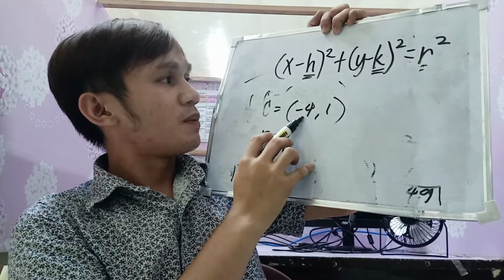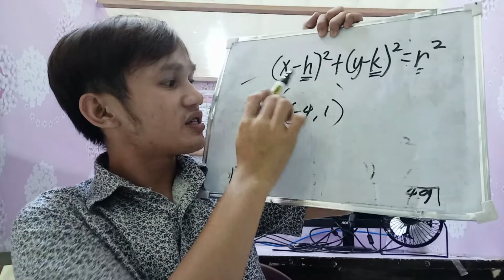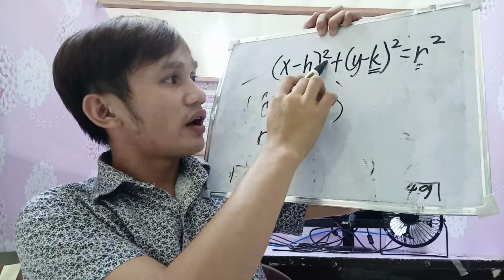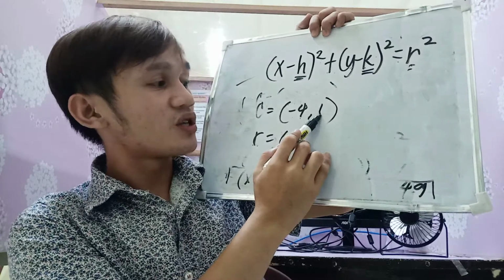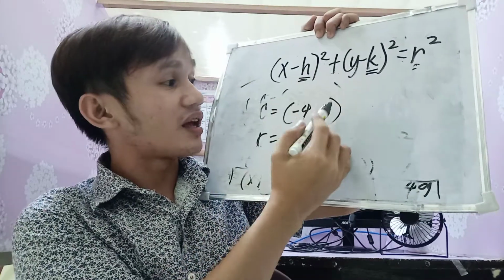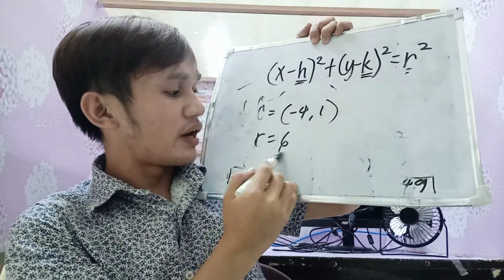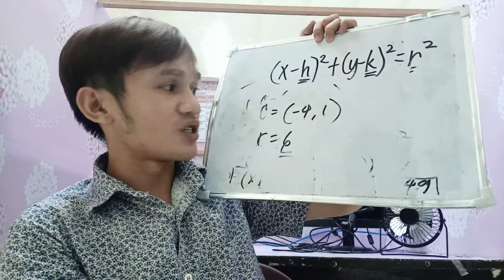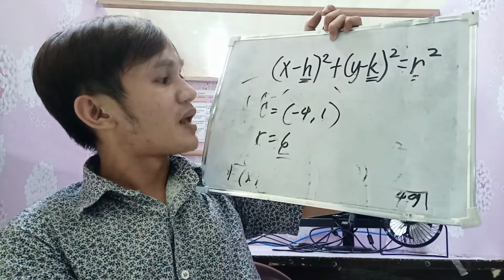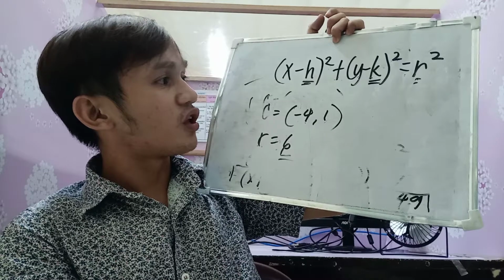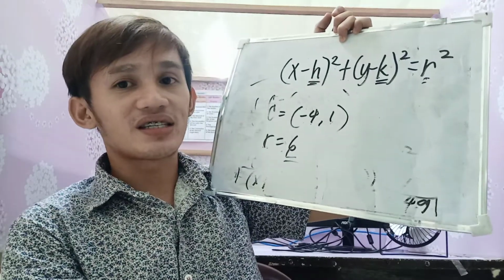So this will be x, since this is negative, this will become positive, (x + 4)² plus y, since this is positive, this will remain negative, (y − 1)², is equal to r², 6² is 36. So meaning the standard equation of our circle is (x + 4)² plus the quantity of (y − 1)² is equal to 36.